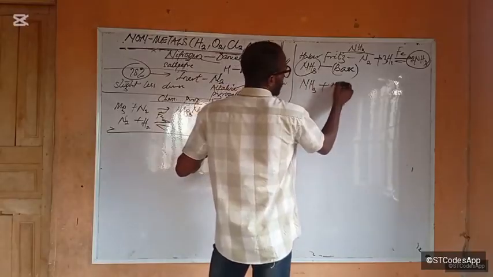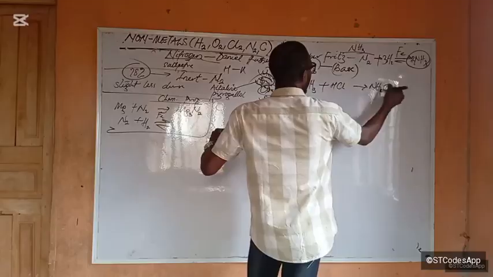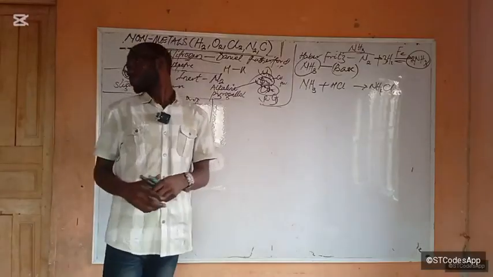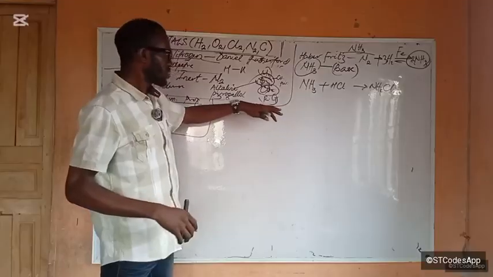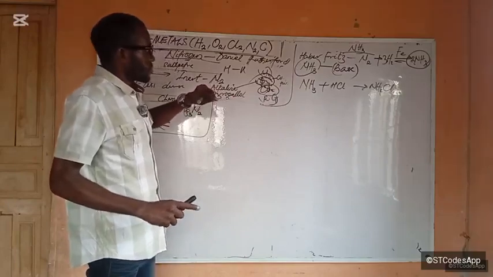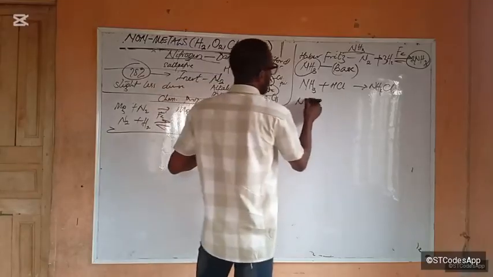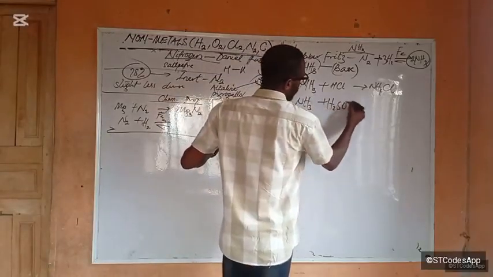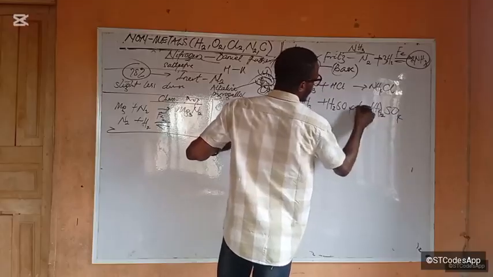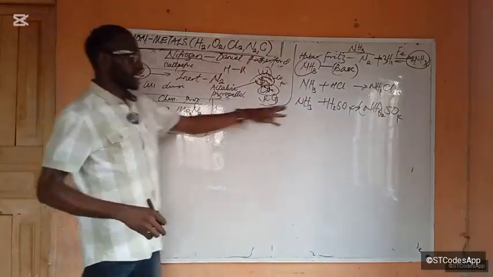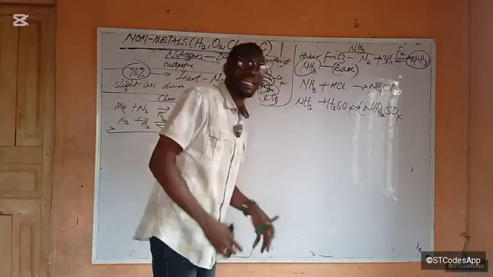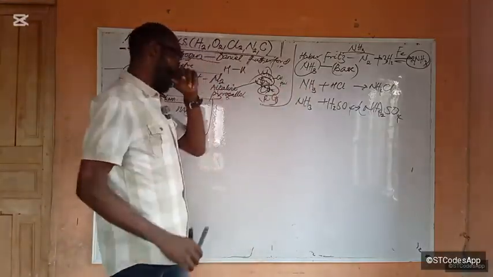For example, if you react ammonia with HCl, we said that to give us NH4Cl, and if you react it with acids, H2SO4 for example, to produce (NH4)2SO4. Okay, so that's the reaction with acid. They react with acid to give you salt. That shows that they are bases. Exactly, base plus acid to give you salt and water.